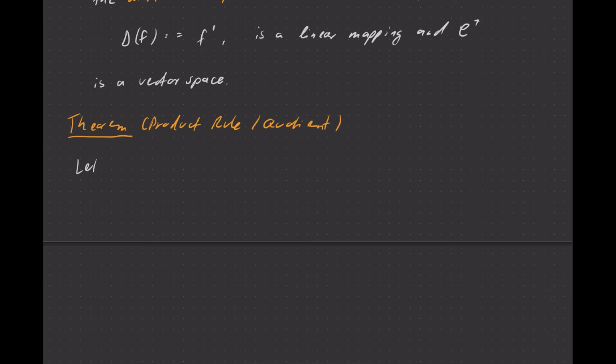So as usual, we have an open interval. So let I subset of R be an open interval. Let x star be a point in I. And let f, g be functions defined on I, codomain R, that are differentiable at x star.